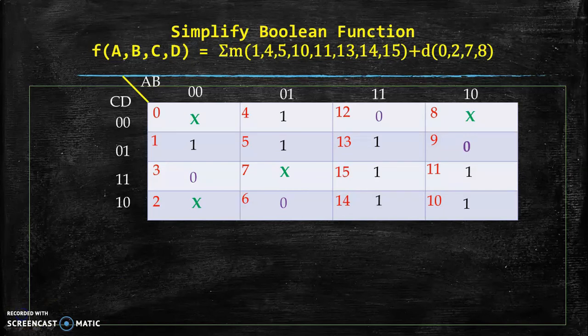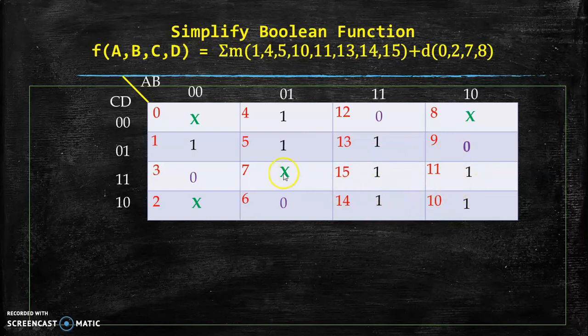Now if we see, we first try to prepare an octet. But here we can see that an octet is not possible. Then we have to go for a quad. One quad with 10, 11, 14 and 15 is easily apparent and can be prepared. So one quad is available.